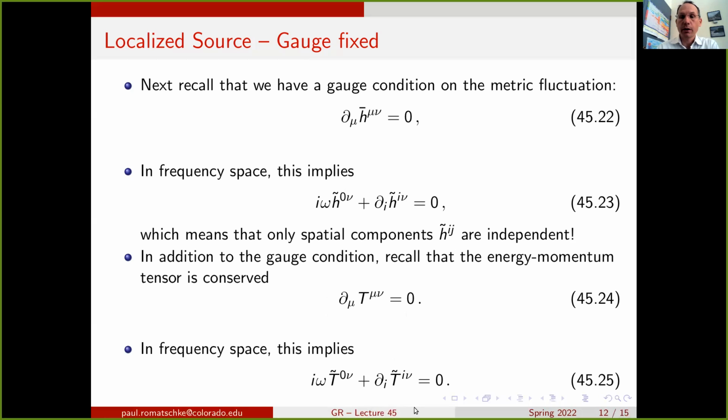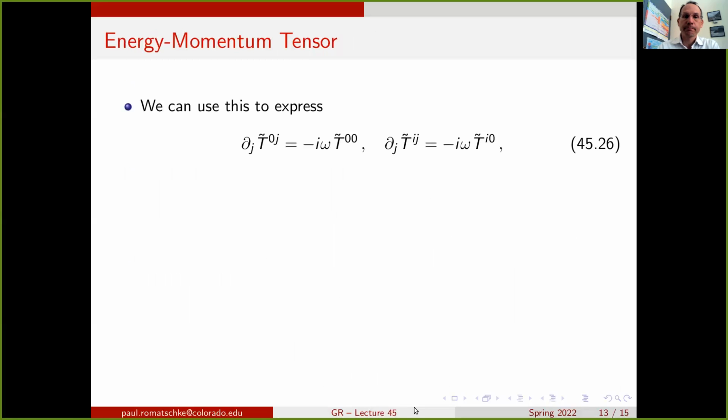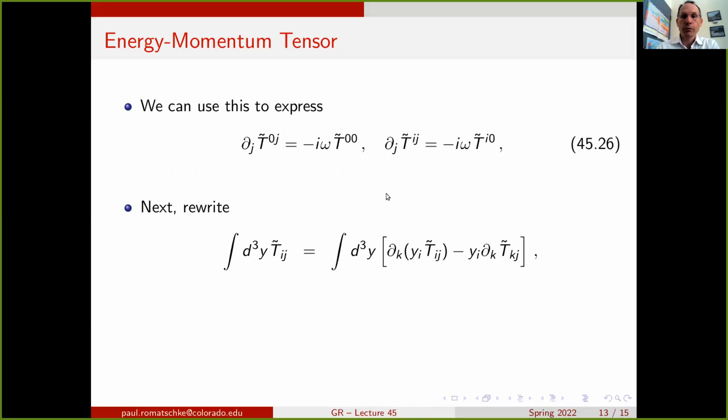So not all of them are independent. In particular, we can use the conservation law of the energy momentum tensor to express the fully spatial components, or the divergence of the fully spatial components, in terms of these components of the energy momentum tensor, and the divergence of these components in terms of the 0,0 component of the energy momentum tensor.